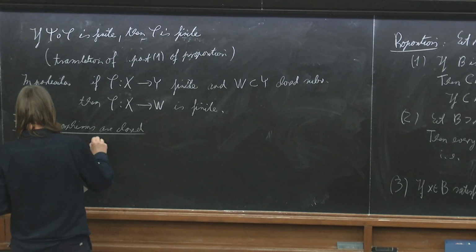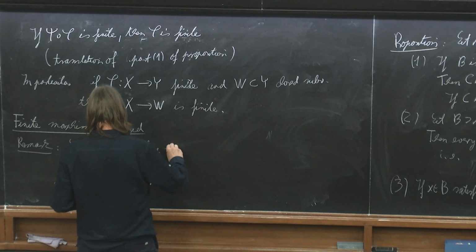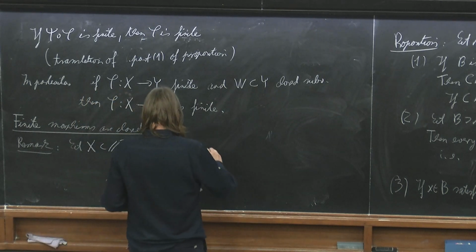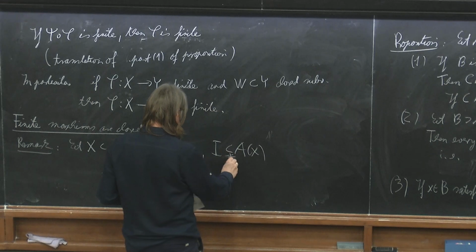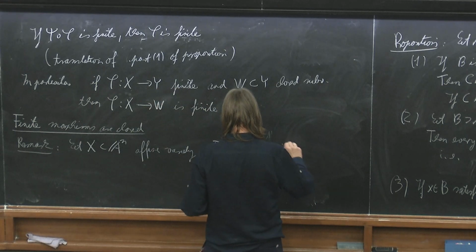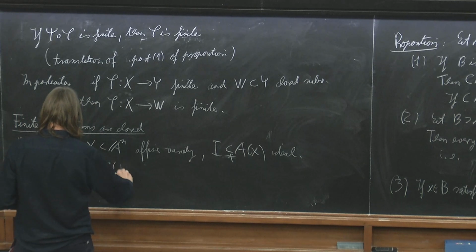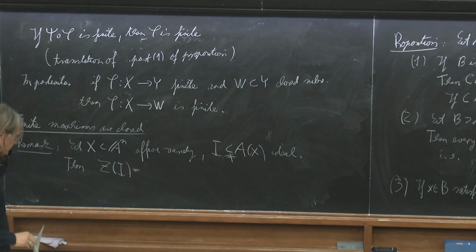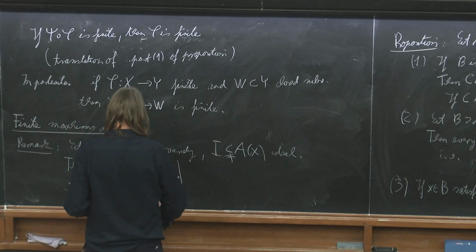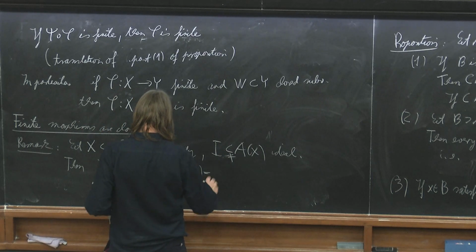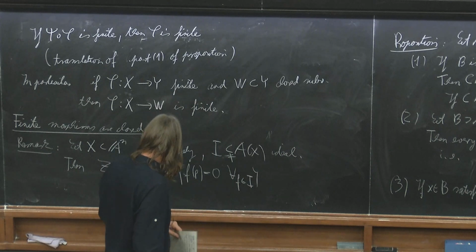So if X in AN is an affine variety, and I in the coordinate ring is an ideal which is not the whole of AX, then the zero set of this ideal, by which I mean the usual thing, the set of all p in X such that f of p equals 0 for all f in I, is not empty.